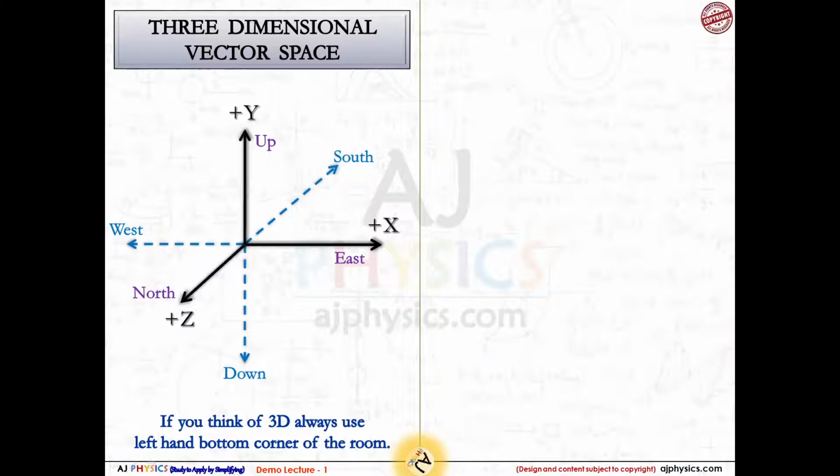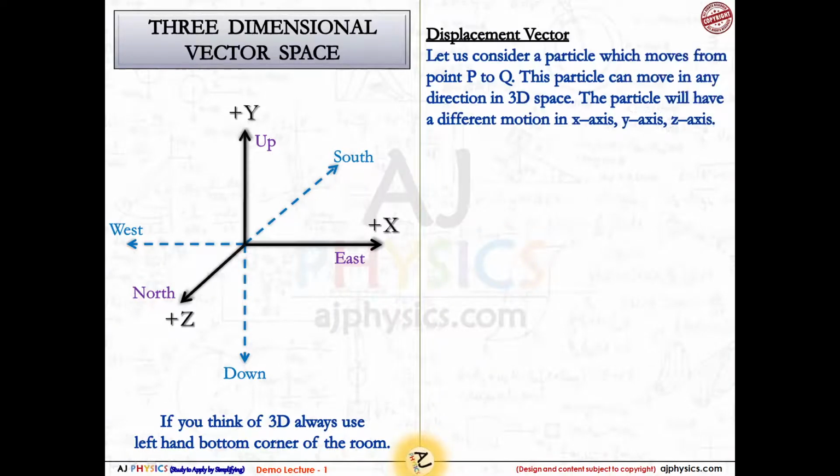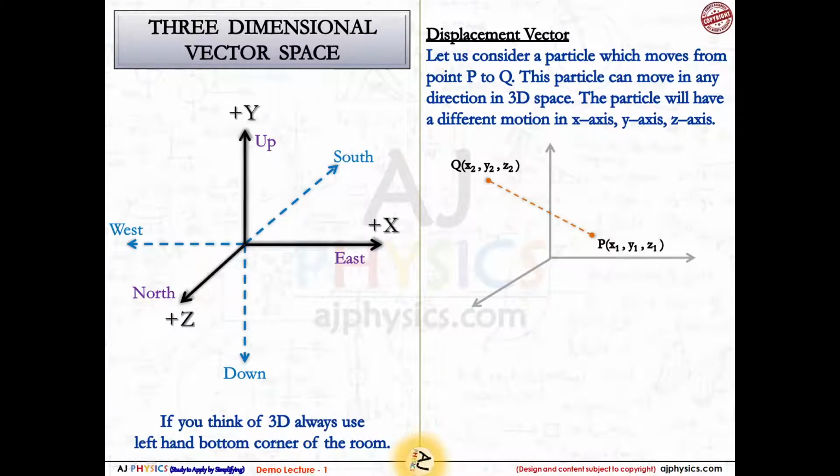Now, the first thing which is important, and you might have discussed it in the junior classes, is the displacement vector. Now, what exactly is displacement? It's like a particle which is moving from one point to another point in 3D. The shortest path is known as the displacement vector, or the displacement.